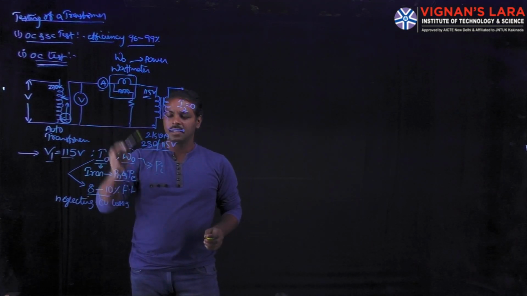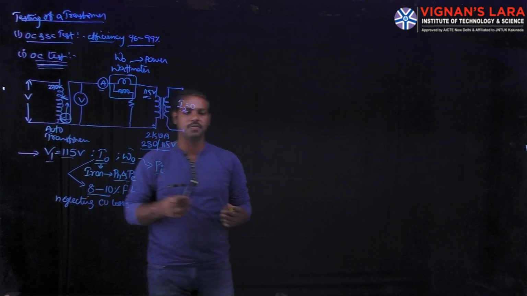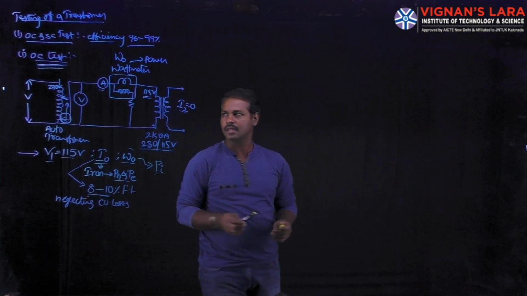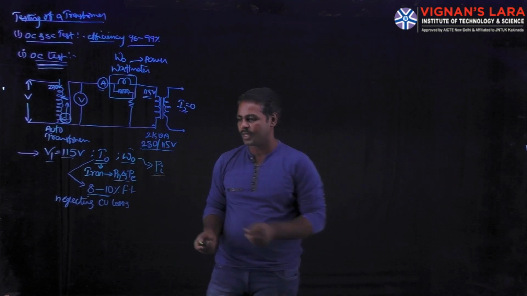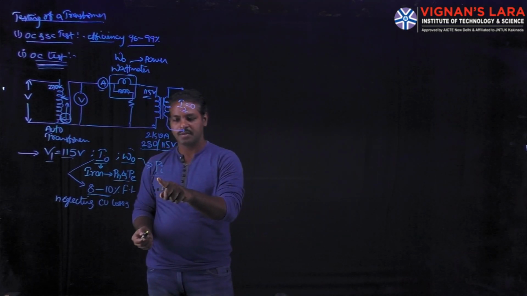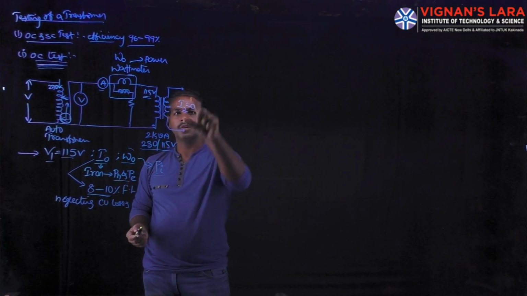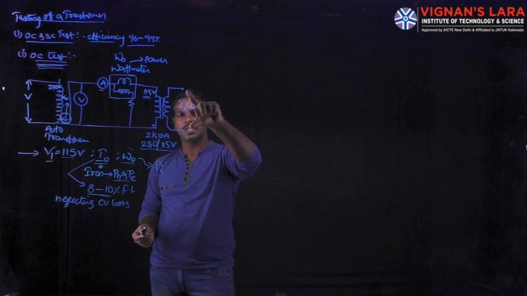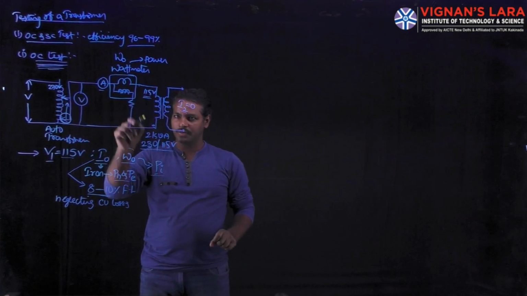So these are the basics of an open circuit test. First of all, why are we conducting the open circuit test? Because we can measure the iron loss in a transformer. These losses are calculated with the secondary terminals open circuited. The open circuit test is always conducted on the LV side.